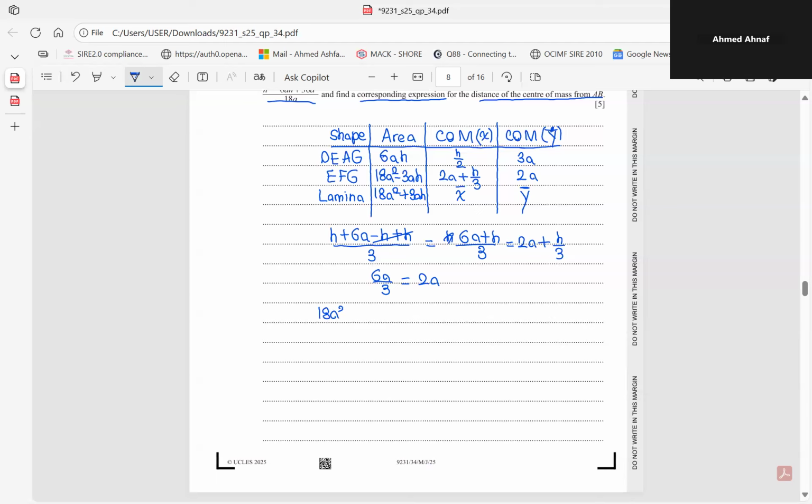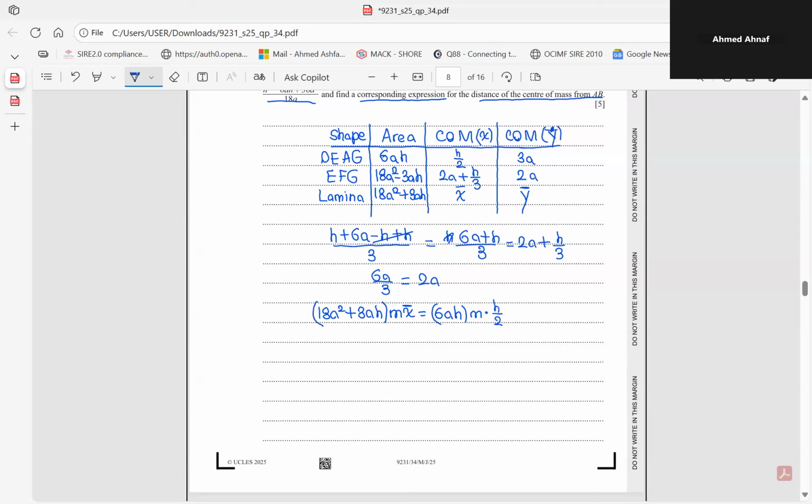So 18A squared plus 3AH times M. This is the mass, and then times the perpendicular distance equals, let's take for the rectangle, 6AH times M times H over 2 plus 18A squared minus 3AH times M times 2A plus H over 3.